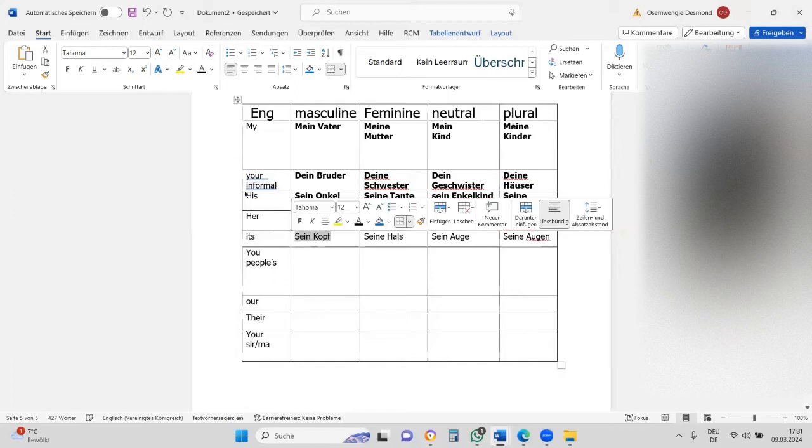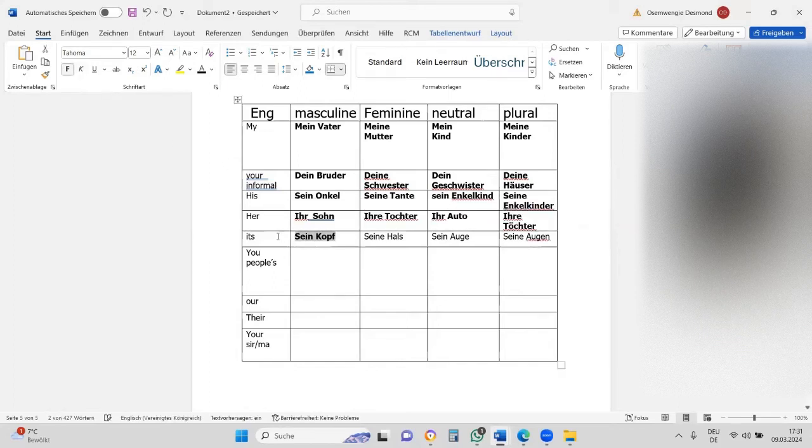Sein Kopf, its head. I know that it's a bit confusing that his and its have the same possessive pronoun, but you as a speaker and the person you are talking to already know what I'm talking about. That should be clear to both of you, unless a person comes in and asks, are you referring to his or its? Then you say, oh, I'm referring to a person.